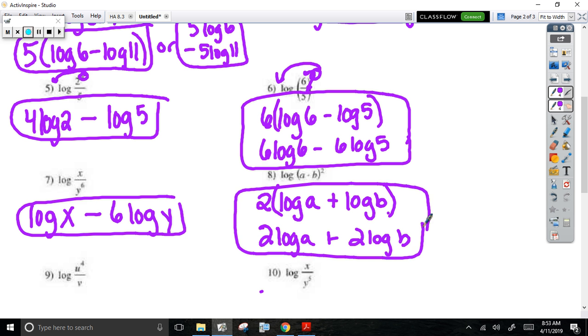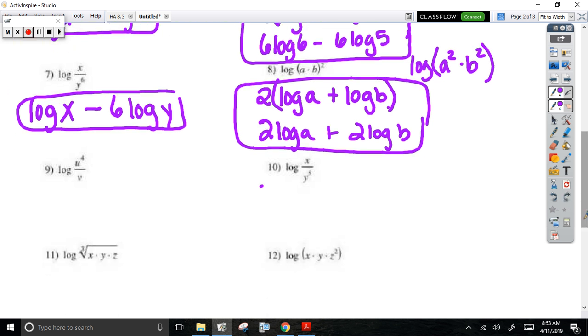Either one is fine. Again, as I said, you could do a squared times b squared first, and then bring the 2's out, whatever you prefer. I'm going to pause this and write out answers for 9.